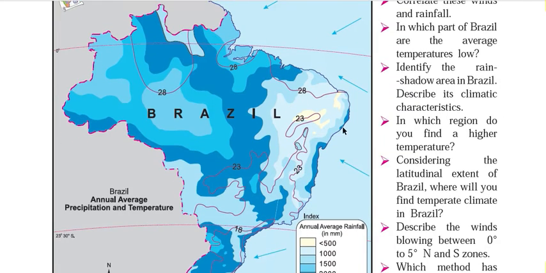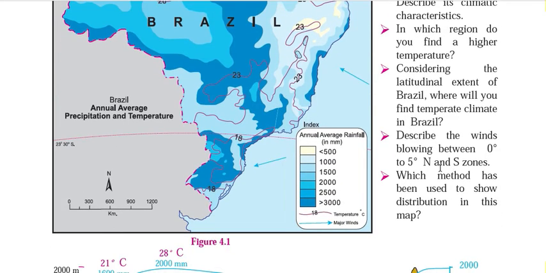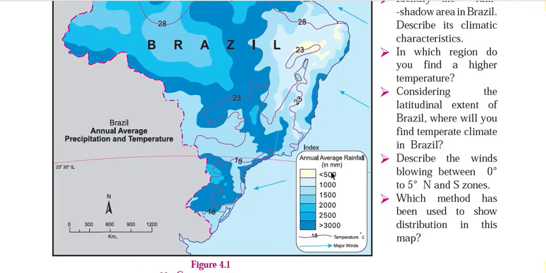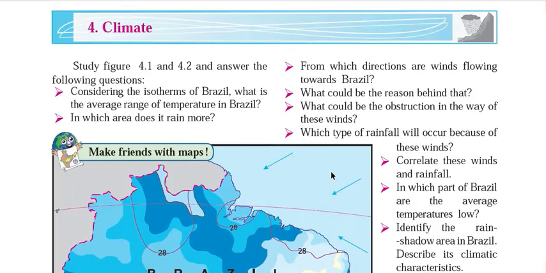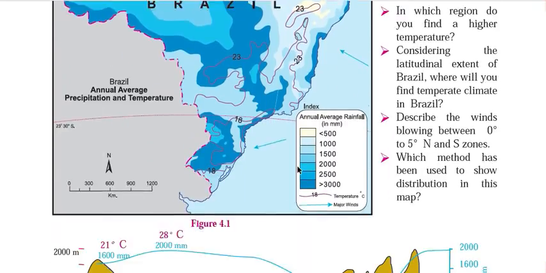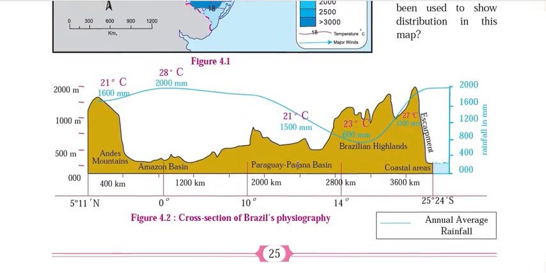So this is the answer for this question. Which method has been used to show distribution in this map? Clearly you can mention here that the choropleth method is used to show the rainfall distribution in this map. So these are the questions based on the climatic map of Brazil. Okay, let's move ahead.